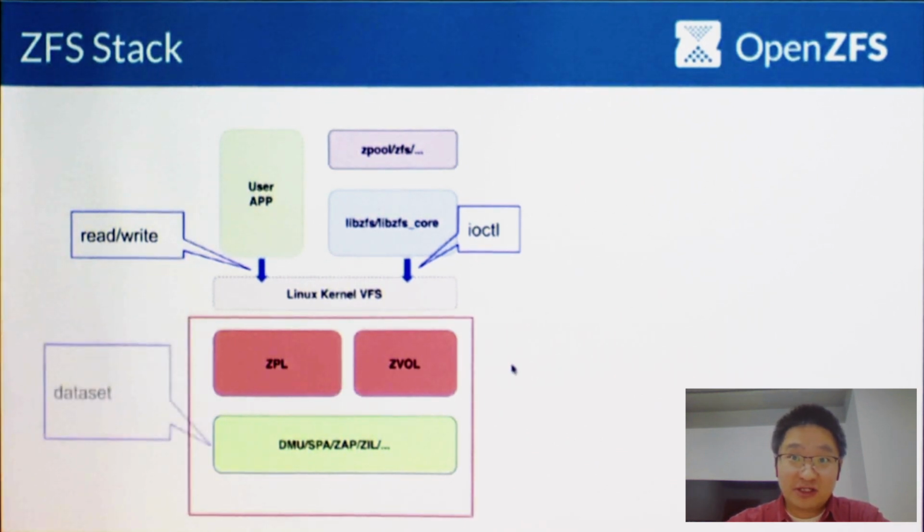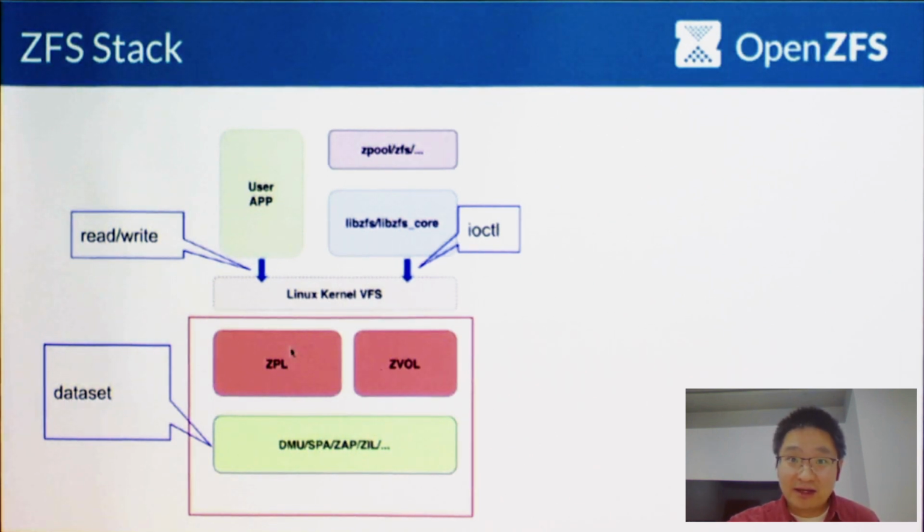So let's focus on the ZFS kernel module. ZFS kernel module has many components, like ZPL, DMU, SPA, ZIO, and so on. But in the story of UZFS, these components fall into two categories. The first one is the green box, including DMU, SPA, ZIO, and so on. This layer provides the core functionalities of ZFS on the dataset level.